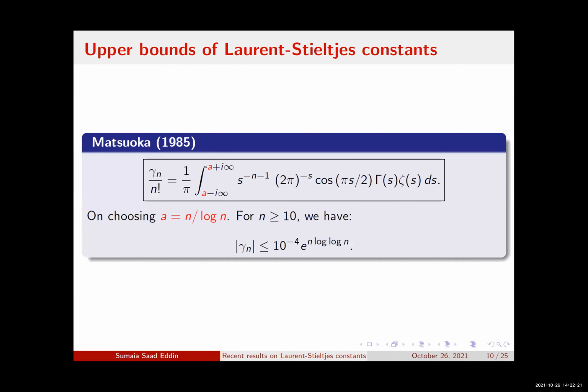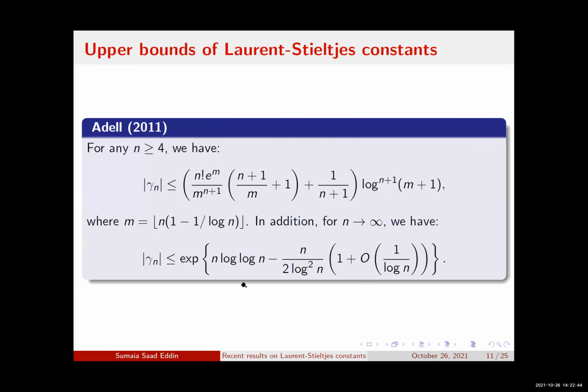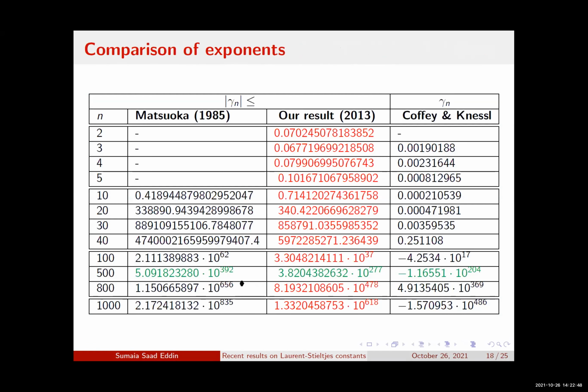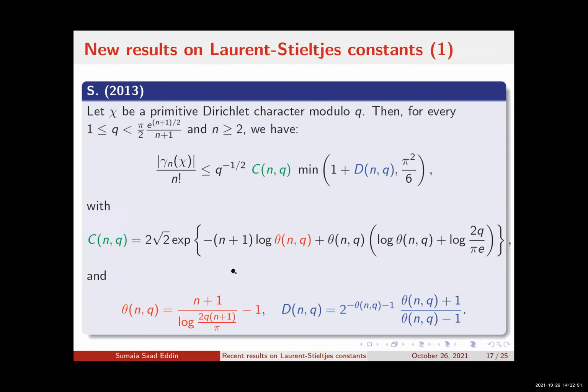So my idea was to move from the complex plane to the real plane, and I did that by using the Mellin transform, and then by careful calculation and computation, I got my result here.